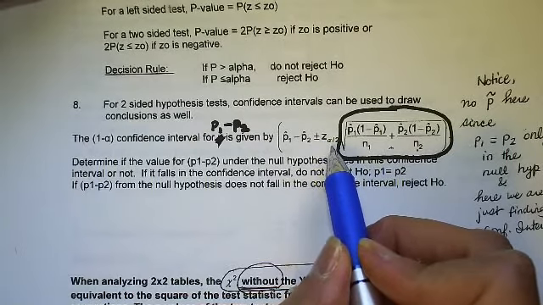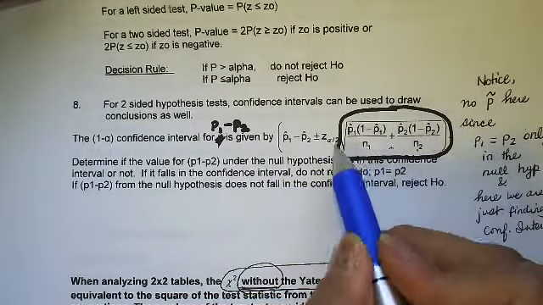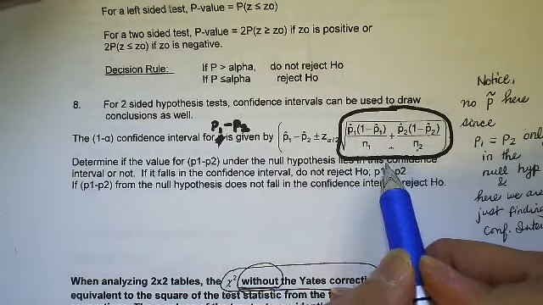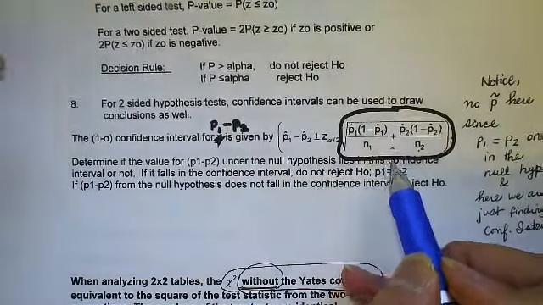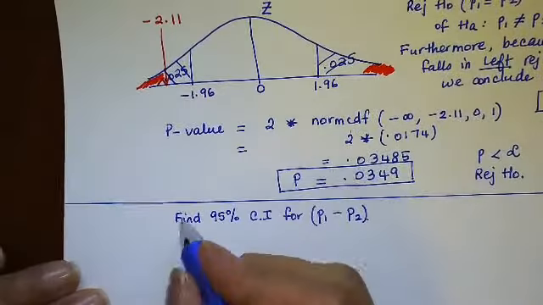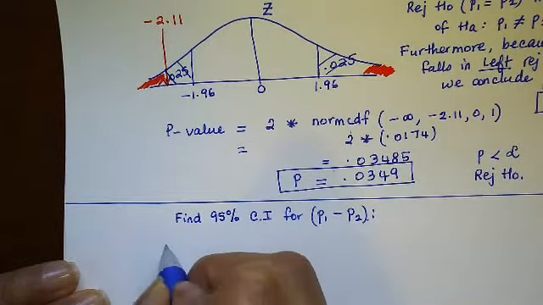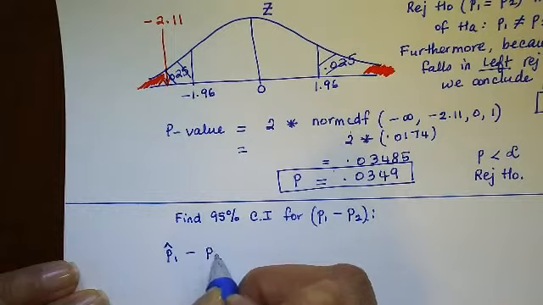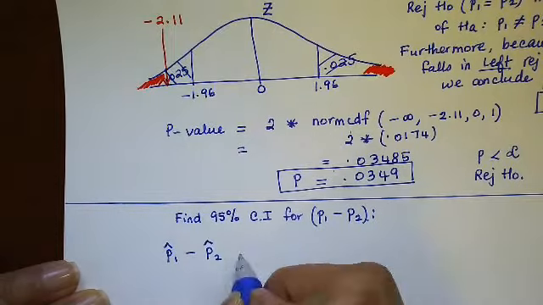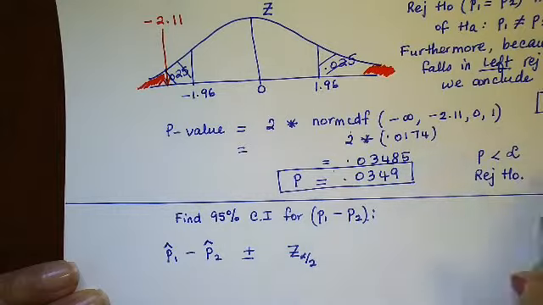It says a 1 minus alpha confidence interval for P1 minus P2 is given by P1 hat minus P2 hat, that's the difference in sample proportions, plus or minus Z alpha over 2 times the standard deviation of P1 hat minus P2 hat. Let me explain it to you here.